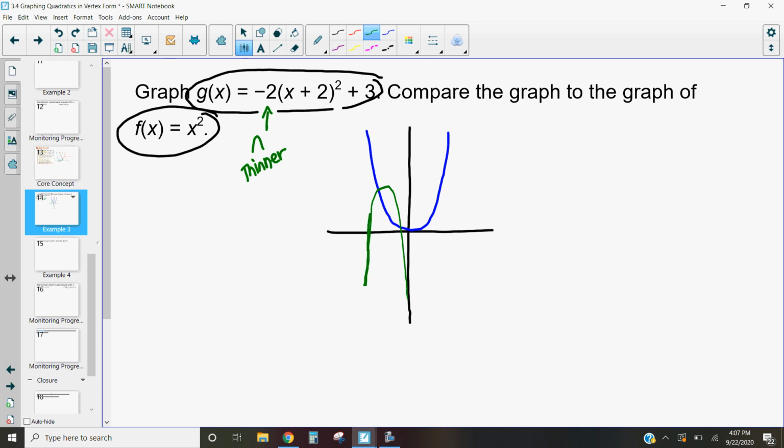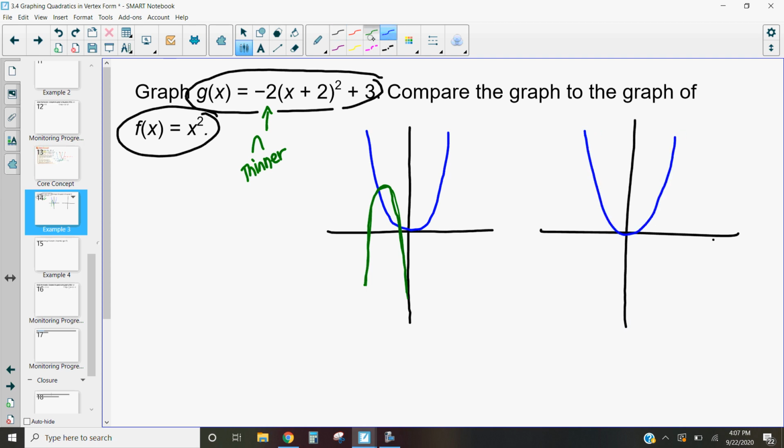Now, the other way that we could graph this function would be to graph our original function and just move our vertex. So remember, our vertex here is going to be at -2, 3. So I'm going to want to move to -2, up to 3. And here we are, right here, -2, 3.